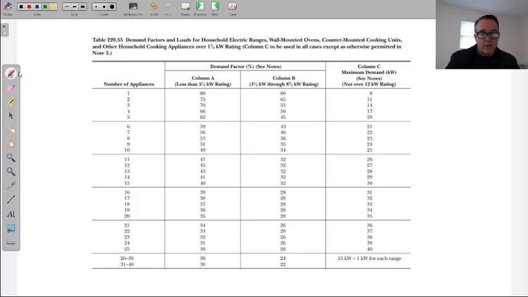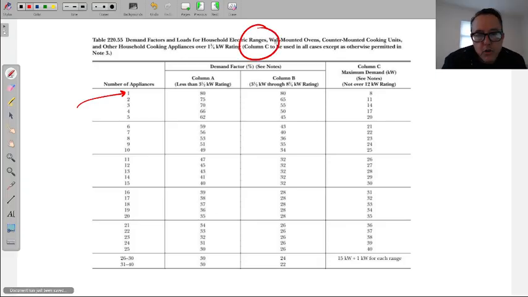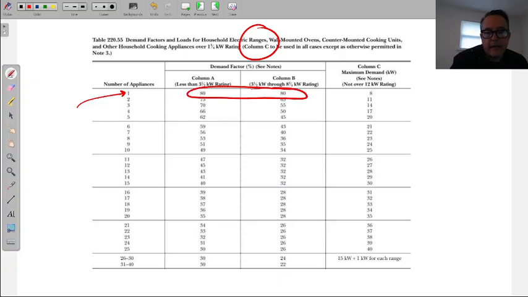So it already starts off that if you have one of those cooking appliances, let's just say a range, because this is likely what most people have, the combination. Although, again, plenty of wall-mounted ovens and single burner cooktops and all that stuff. But on average, most people have a range. So already, they're not calculating the range at 100% value.